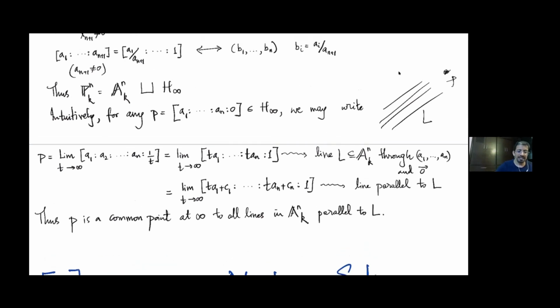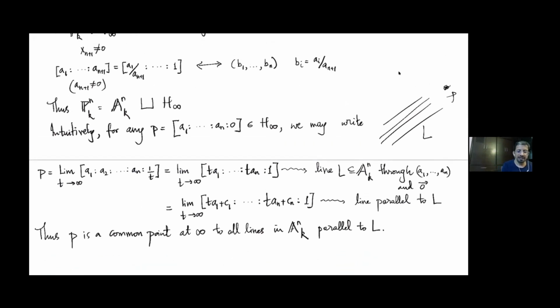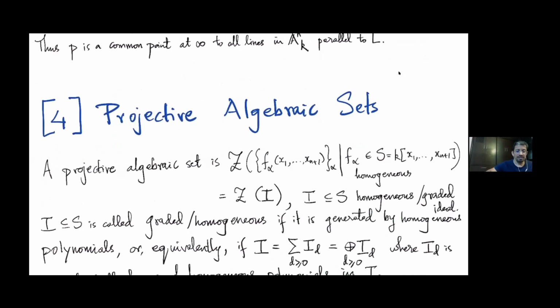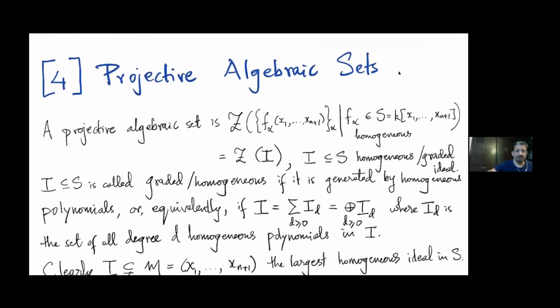So one can think of H infinity as a set of points at infinity corresponding to various lines in affine space in various directions. For every direction here, I have a point here. So projective space is affine space plus one point at infinity for every direction. That's what it is.